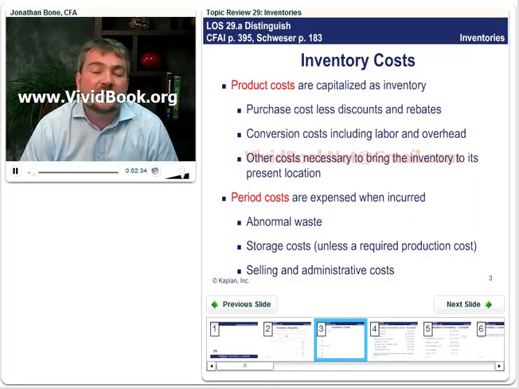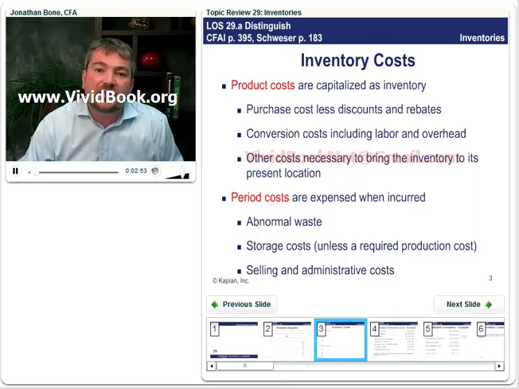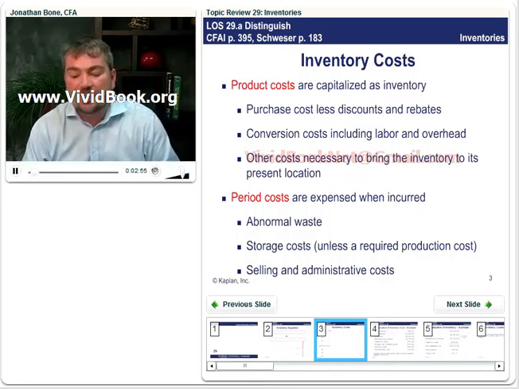It would be in sales, general and admin, because our cost of goods sold should only include the cost of manufacturing, producing your goods, not storing them. So storage costs wouldn't be included unless they were required production costs. And finally, selling and administrative costs have nothing to do with getting your goods into their finished state, so again they would be expensed.